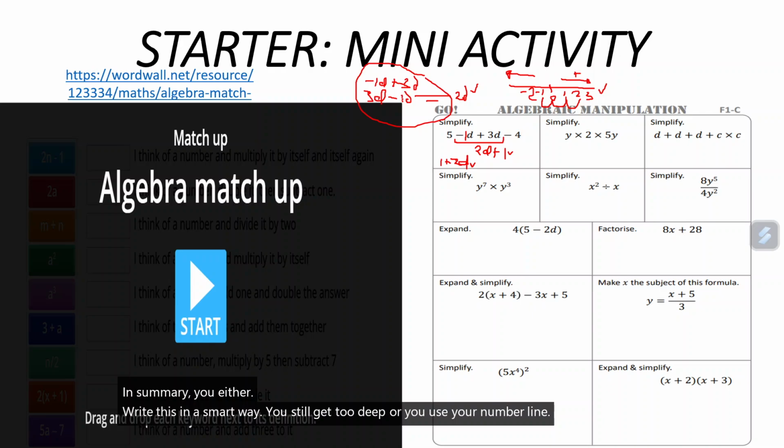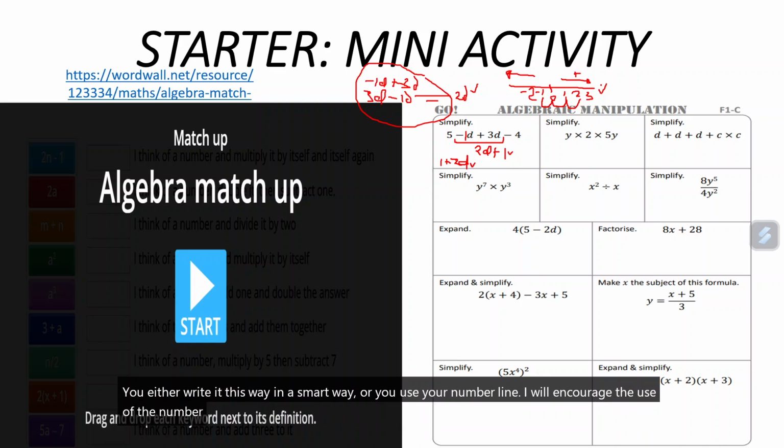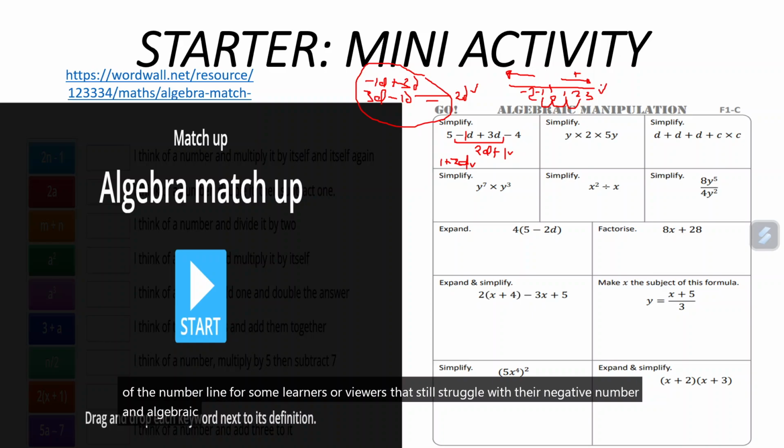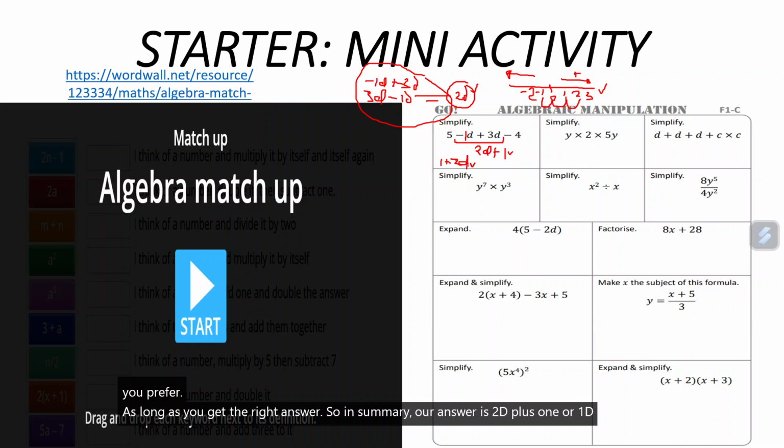I encourage the use of the number line for learners or viewers who still struggle with negative numbers and algebraic manipulation. Or if you know you are grounded, you can write this whichever way you prefer, as long as you get the right answer. So in summary, our answer is 2d plus 1 or 1 plus 2d. They are all correct.